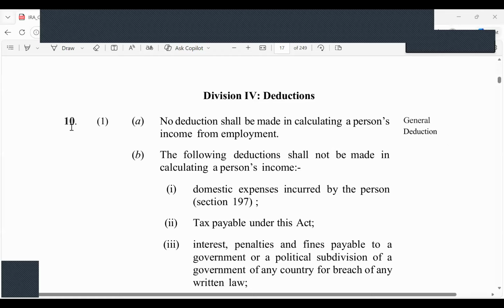So section 10 subsection 1 paragraph A says no deduction shall be made in calculating a person's income from employment. So now I know why I told you that it is not available for the employment, because it says under section 10.